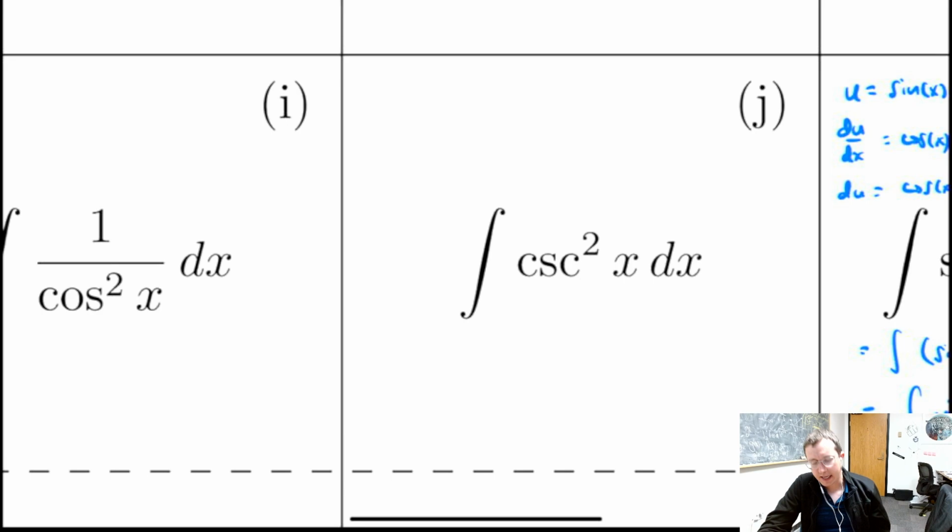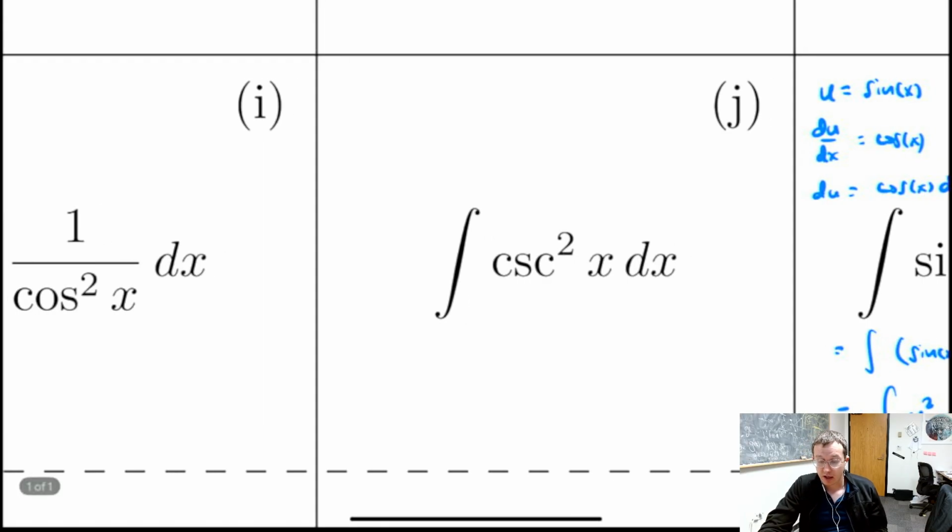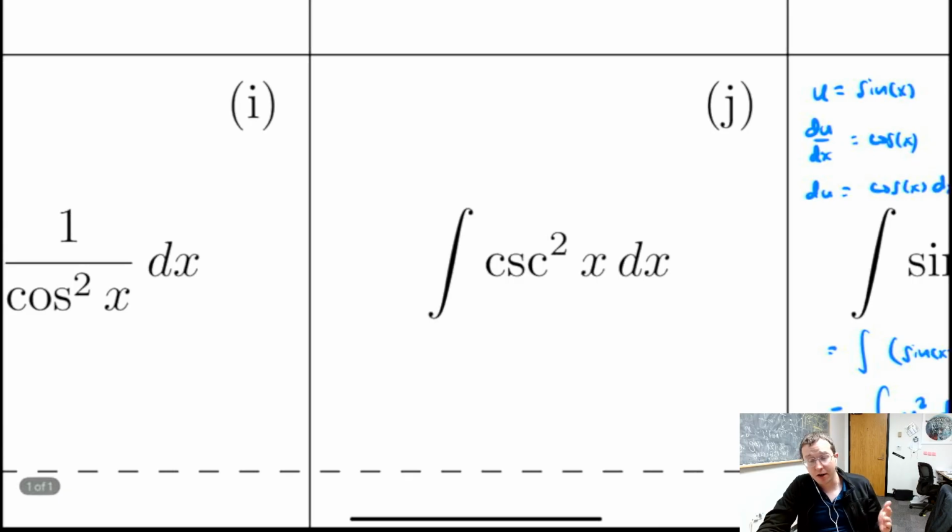Cosecant squared of x. All right, number 1, do I recognize that as the derivative of something? Almost. If I think about my trig functions, and honestly, you have 2.5 hours, it would not be the worst thing in the world to, once the exam begins, just turn to a blank page at the end.